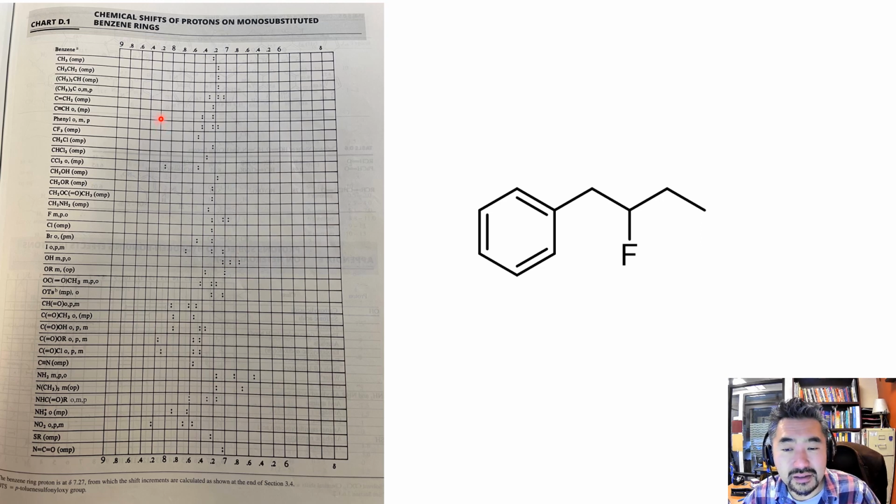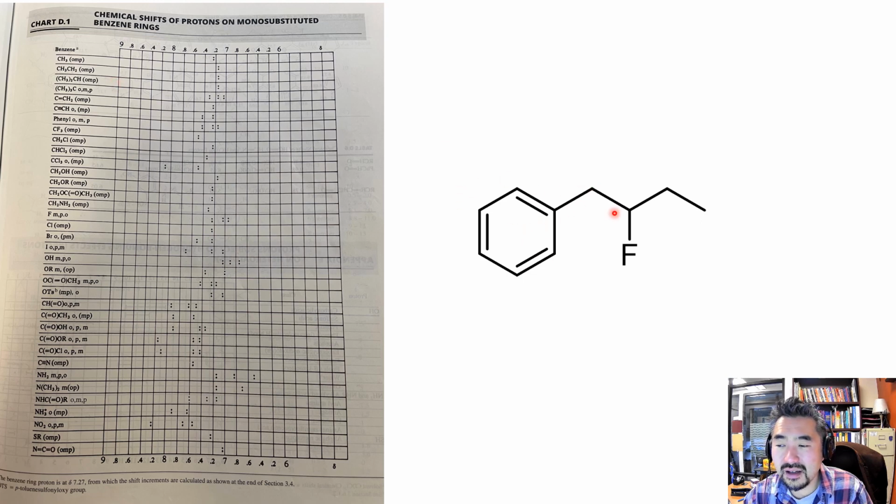This shows how you could predict what the chemical shifts might be on a benzene ring. This might require some explanation. What this shows you is if the benzene is not substituted, if it's just a straight up benzene, the standard or default chemical shift you expect is 7.27, right there. But if there's a substitution on it, of course the chemical shifts could shift.